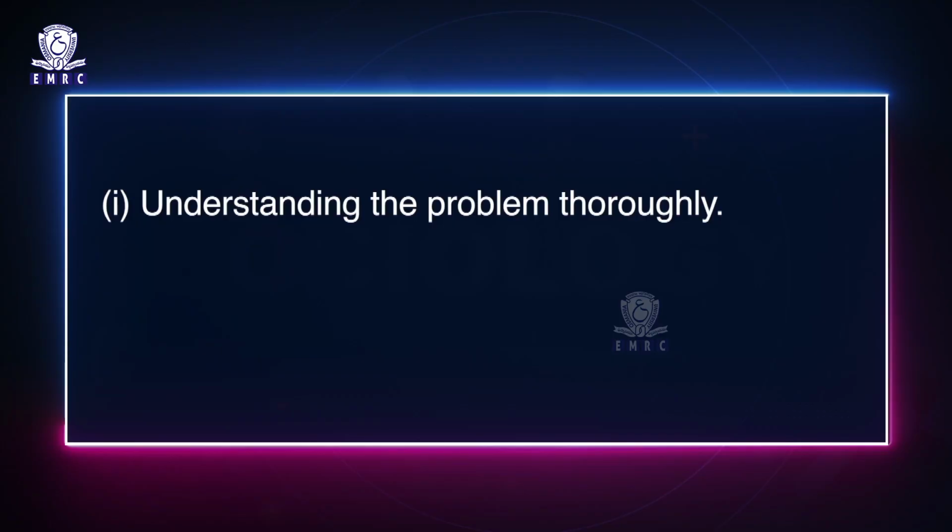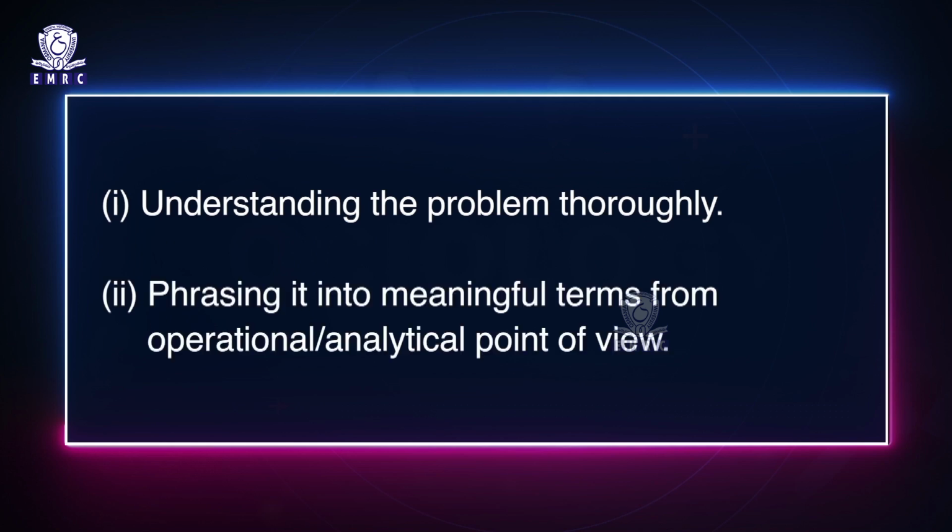Essentially, two steps are involved in formulating the research problem. Firstly, understanding the problem thoroughly, and secondly, phrasing it into meaningful terms from an operational or analytical point of view.